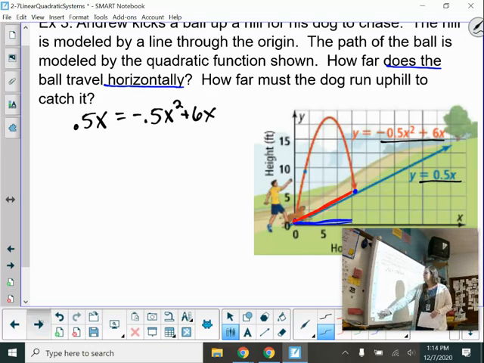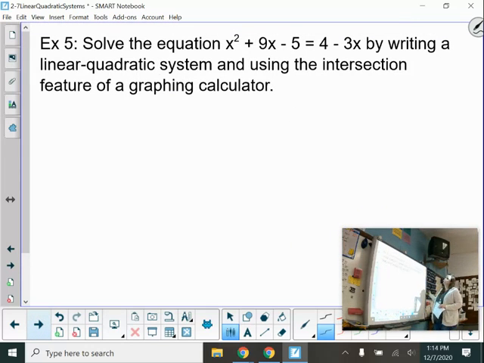The last thing I want to look at, we're not going to do this one either. Solve the equation x squared plus 9x minus 5 equals 4 minus 3x by writing a linear quadratic system and using the intersection feature of a graphing calculator. So this is what we did already, I think, back in topic 1.